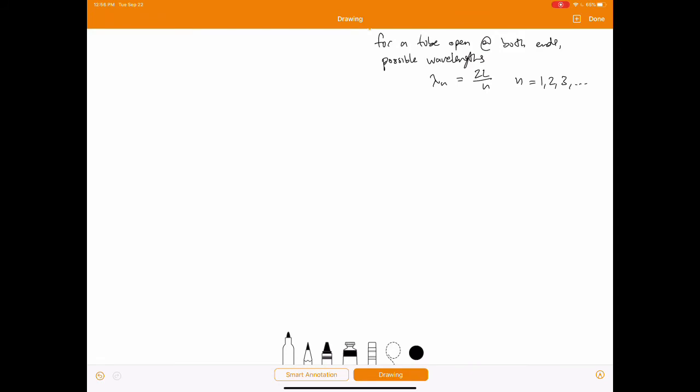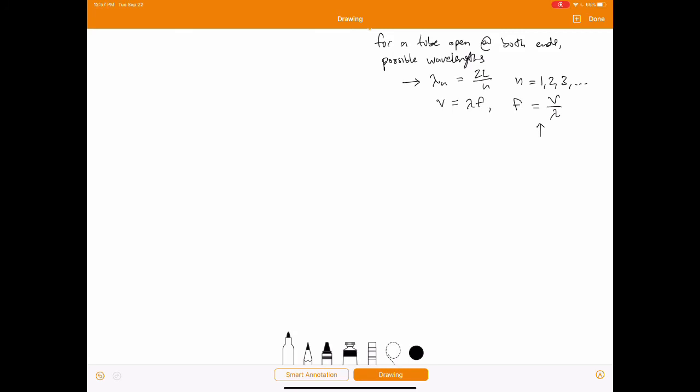And we'll also remember that there's a fundamental relationship between wavelength and frequency, which is v is equal to lambda times f. And we can rearrange that to say f is equal to v divided by lambda. So here's the strategy. We're going to directly calculate the wavelengths using this equation. Lambda n is 2L divided by n.